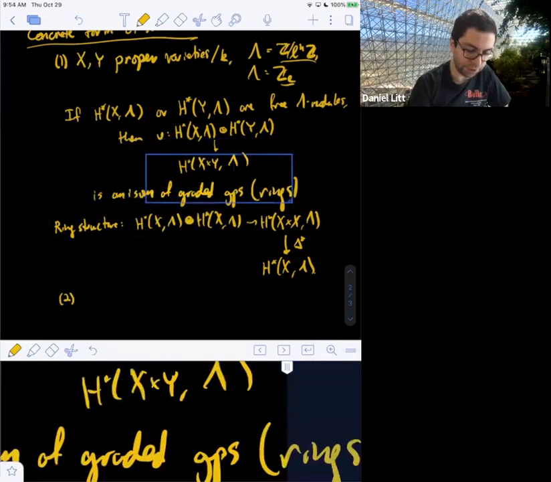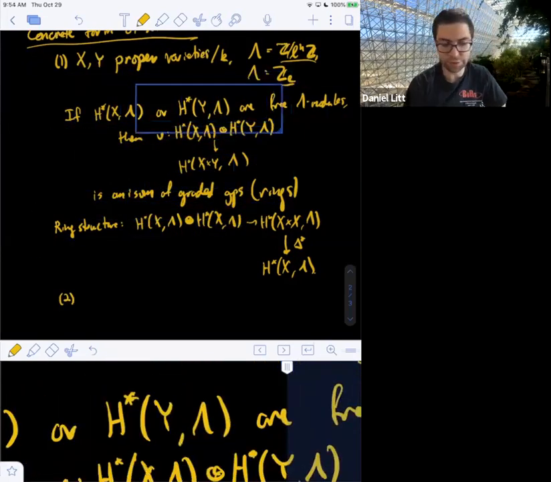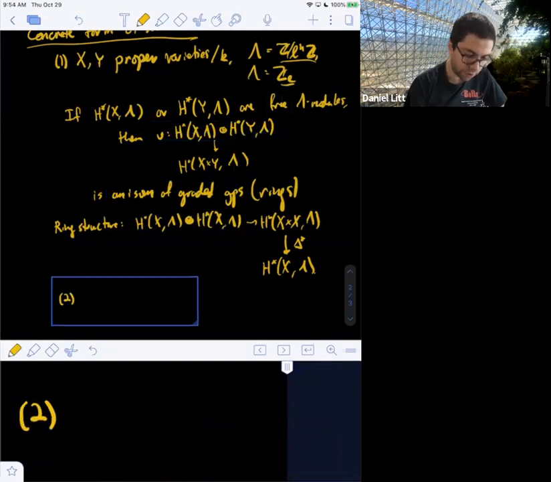This assumption that one of the cohomology rings is free as a lambda module makes all those Tor terms 0. Those Tor terms always vanish if we use Q_L cohomology.